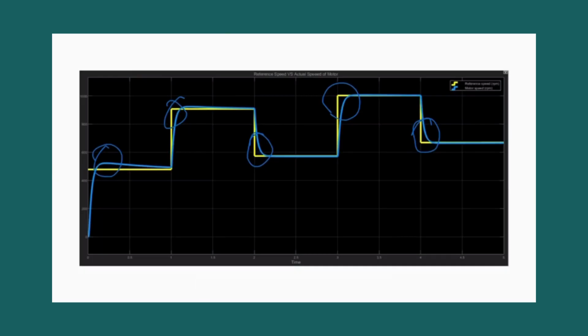It is good efficiency that it only undershoots or overshoots a little bit. Otherwise it is identical to our reference speed.